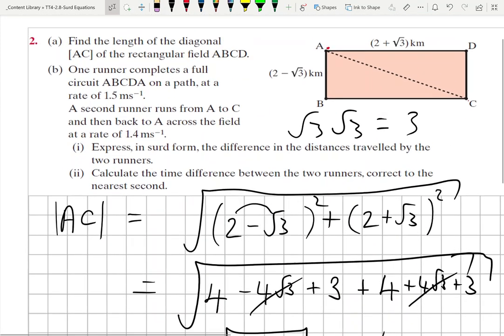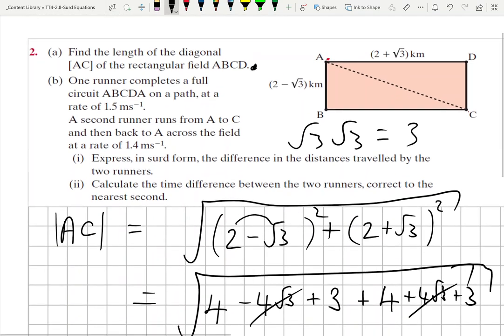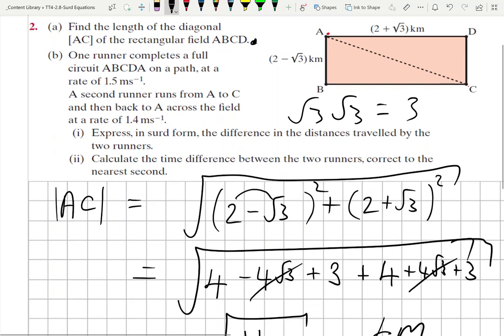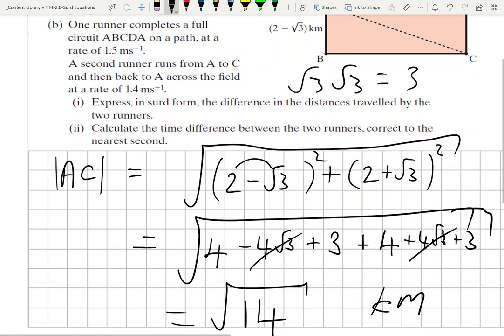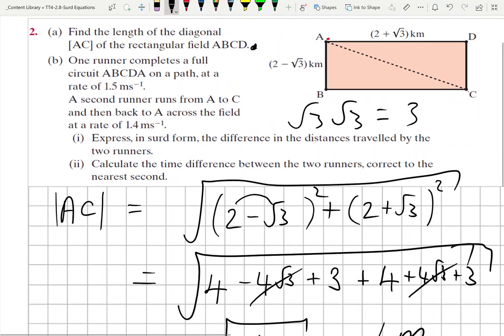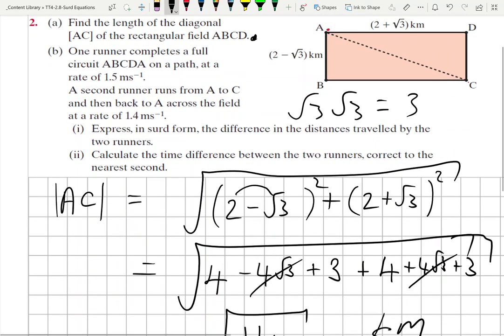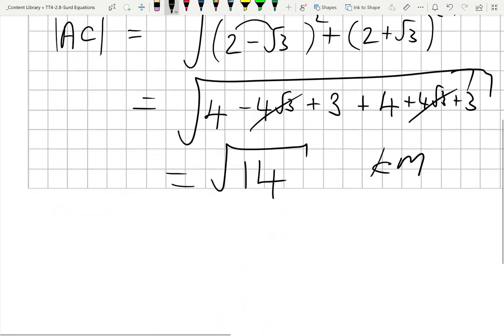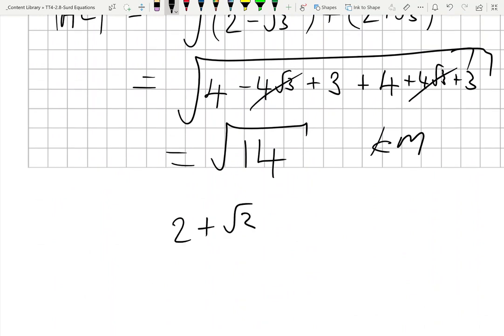Okay, so we've got to here. One runner completes a full circuit all the way around, traveling at 1.5 meters per second squared. Okay, so let's go with the semi-perimeter first, which is 2 plus root 3 added to its surd.